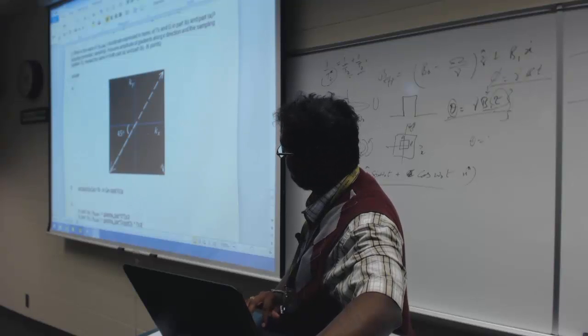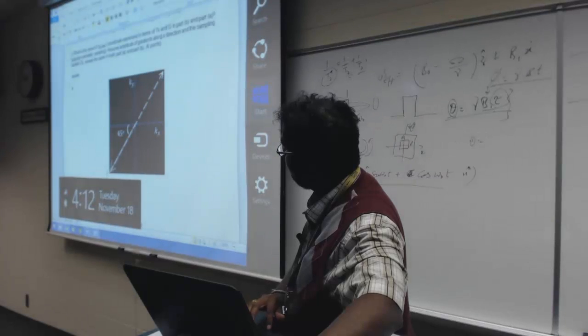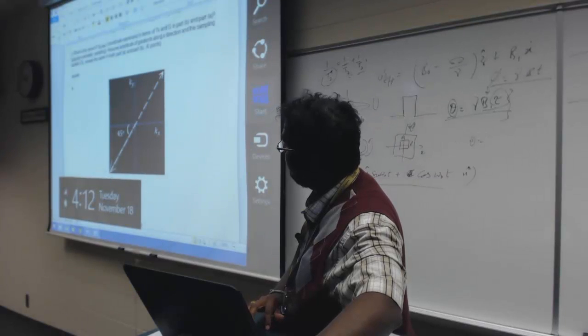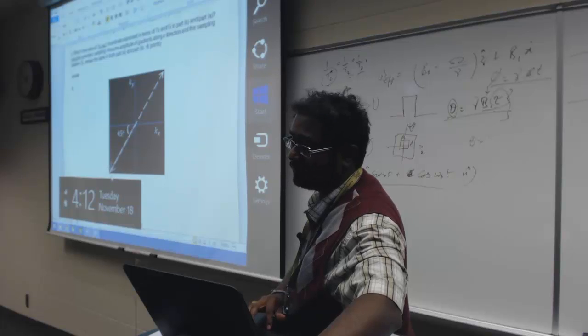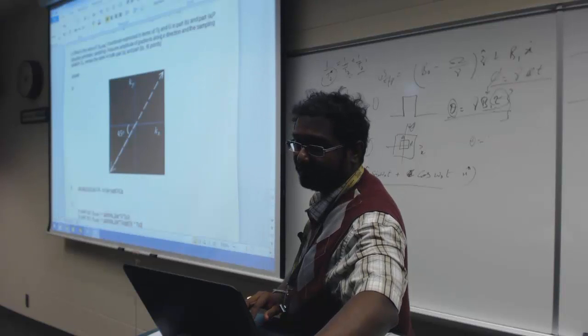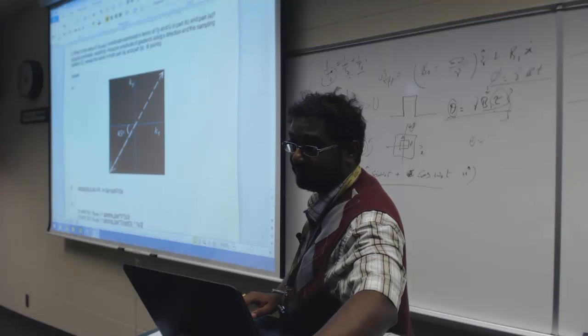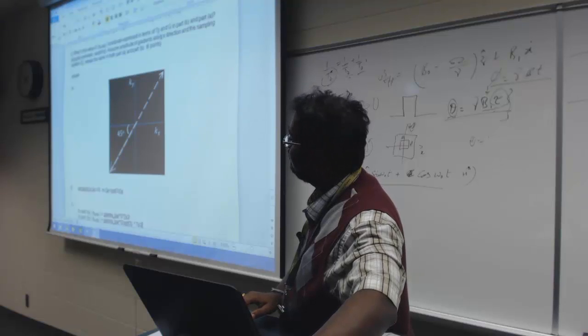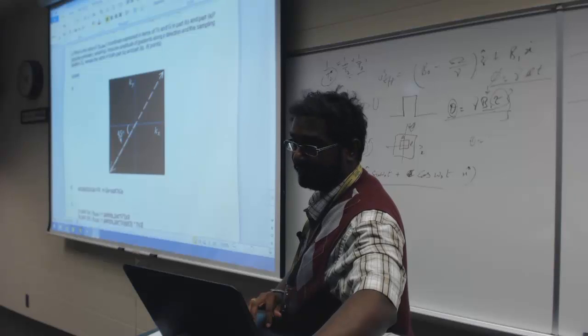Now ky max is the coordinate along the y-axis. What is the maximum coordinate value? What is Ts here? Everybody know that? That's your sampling duration, right?